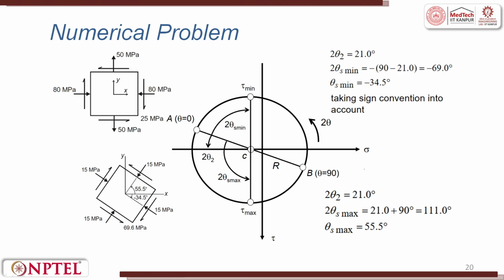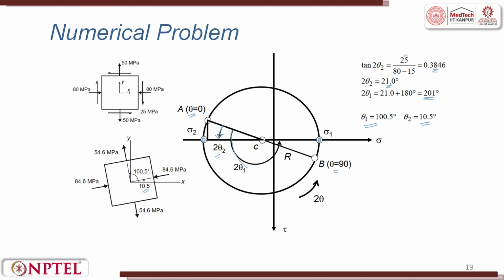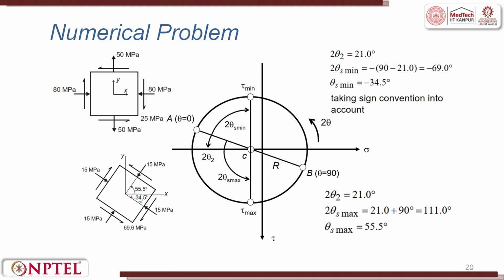So, the third case which we are seeing is for the same element, when the rotation is happening in this direction where it is 34.5. Here we rotated in the counterclockwise direction, and here assuming that we rotate in the clockwise direction, minus 34.5.